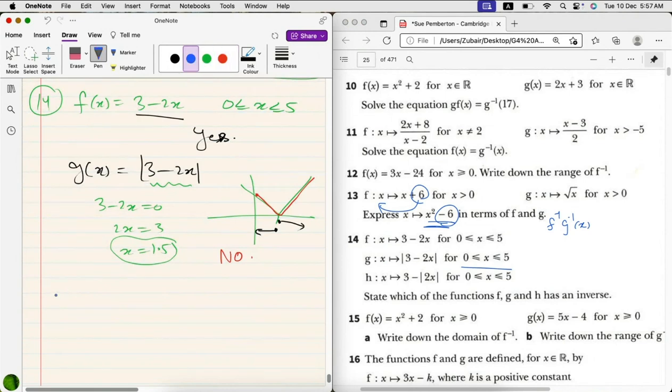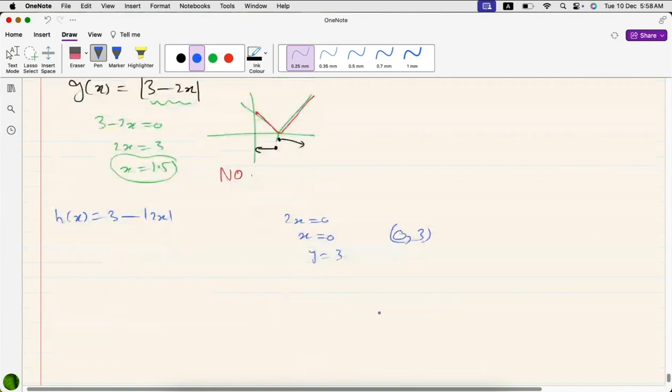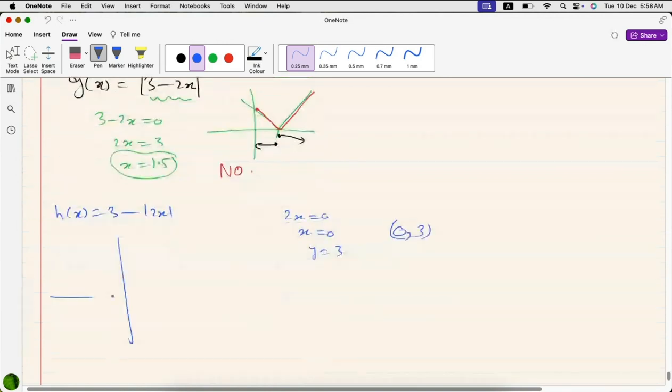Third is h of x is equal to 3 minus mod of 2x. So the turning point is x is equal to 0, and y is equal to 3. The turning point is x 0, y 3. Now, this is x 0, y 3, but due to this negative sign, it is a sad face.